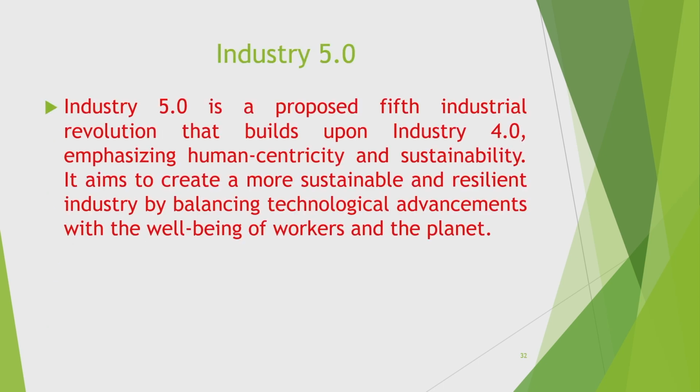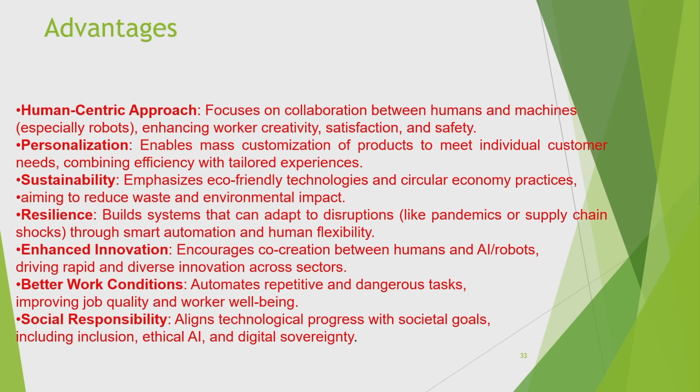Now Industry 5.0 is a proposed fifth industrial revolution that builds upon Industry 4.0, emphasizing human centricity and sustainability. So basically the human being is at the center. It aims to create a more sustainable and resilient industry by balancing technological advancements with the well-being of workers and the planet.